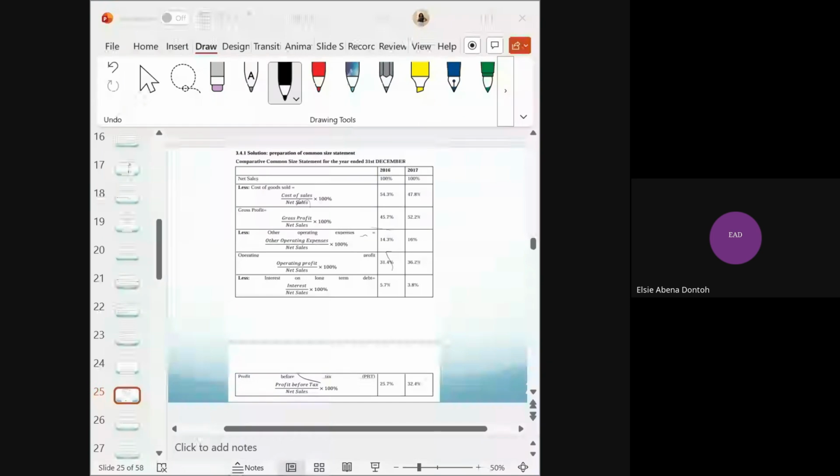Hello, about what? You just mentioned the items. You want clarification about? So I'm saying, looking at the percentages attached to the various costs.